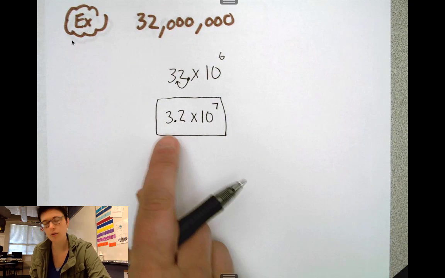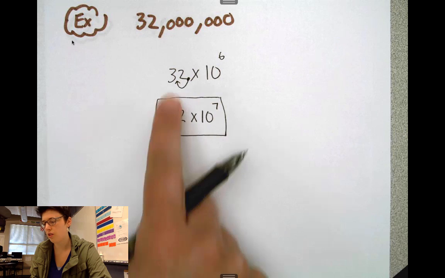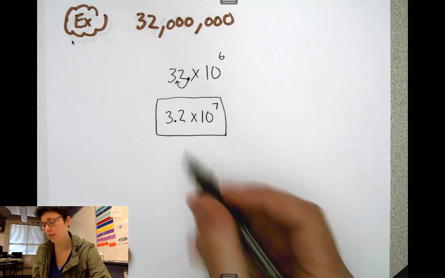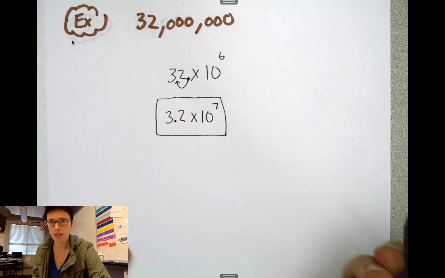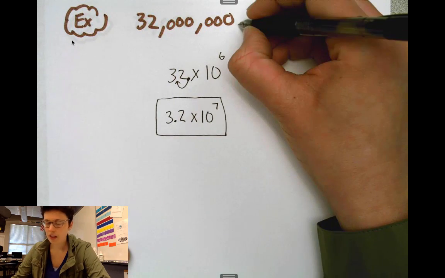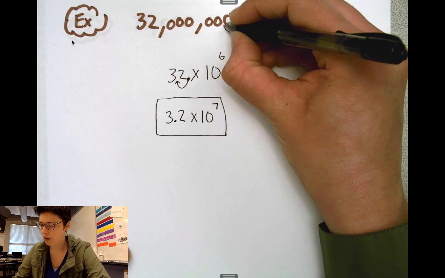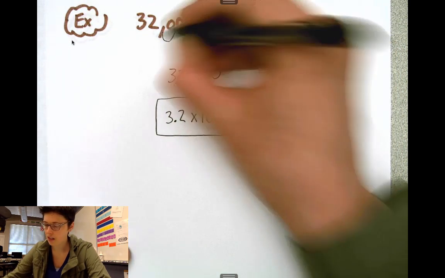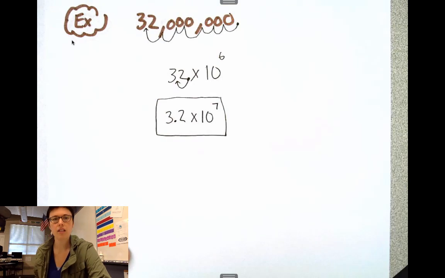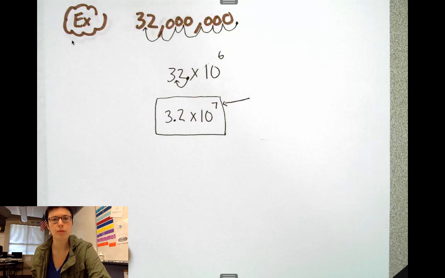We want it down to a single digit tens place number. So we don't want to say 32 times 10 to the 6th. We actually want to say 3.2 times 10 to the 7th. And if you think about it, here's the decimal point on that original number. When we were moving it 1, 2, 3, 4, 5, 6, 7 places, it's really like this exponent explains the decimal movement.